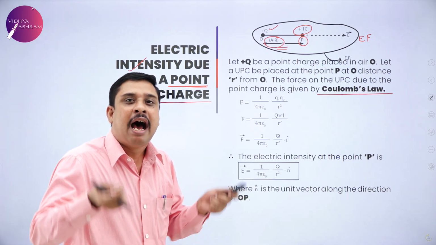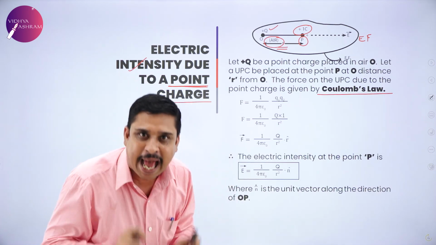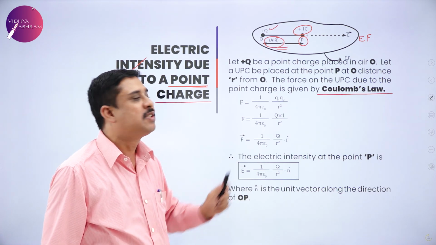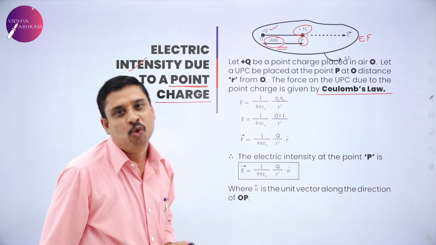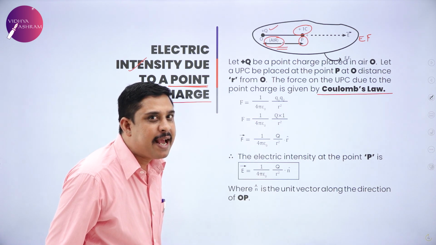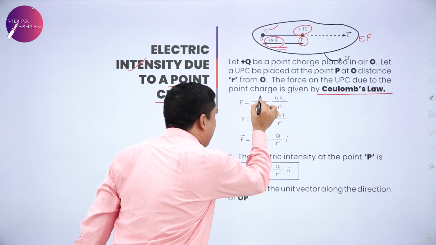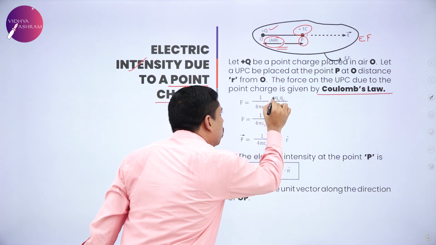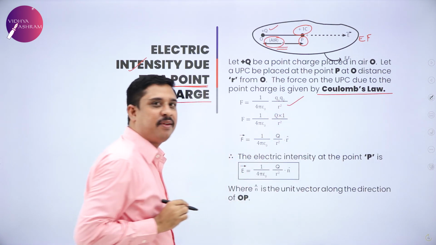So here again I use Coulomb's law to calculate the magnitude of the force between the point charge and the UPC. Since both are placed in air medium, force is 1 by 4 pi epsilon naught, Q1 Q2 divided by r square.